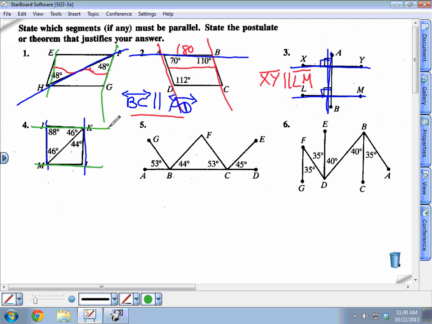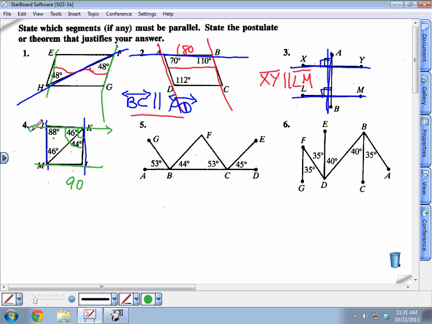I don't know anything, do I? What is the total over here? 90, right? So I know that this is a 90-degree angle. But I know that this is 88 over here, and 90 and 88 do not total 180, so those would be same side interior angles if this were a transversal.